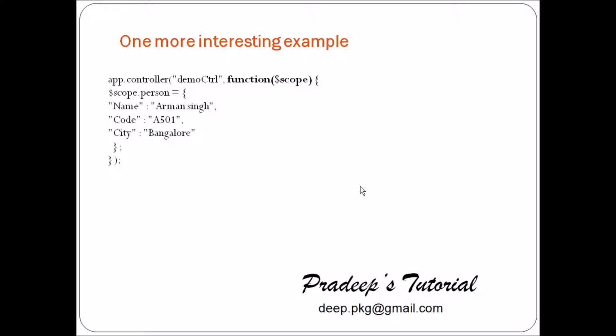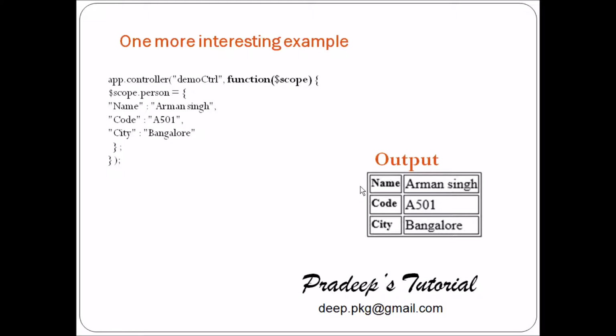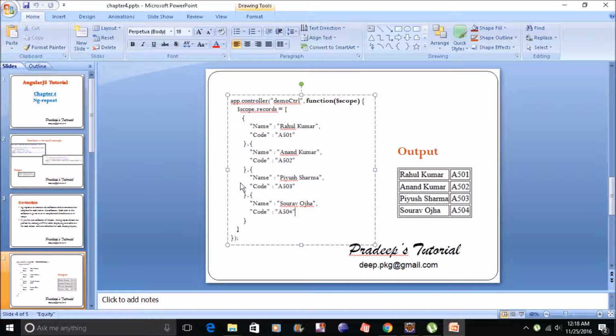We'll see this example. We'll take only one object with Arman Singh, that is the name, and code and the city, and what would be our output? The name Arman Singh, code is 501, and city Bangalore. So we'll try to implement this one. We'll write code.